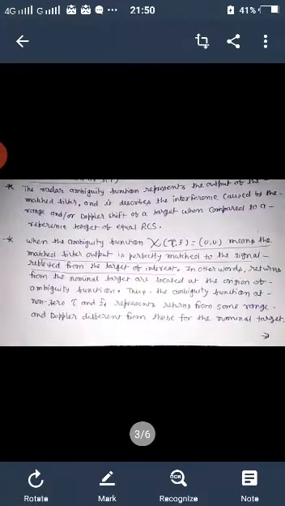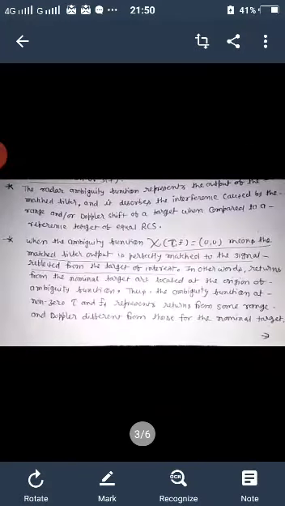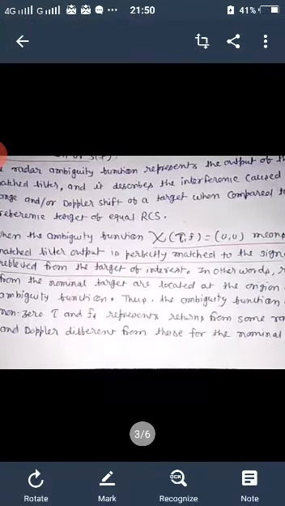When the ambiguity function chi(tau, f) is at 0, 0, it means the time delay is 0 and the Doppler frequency is 0, so the matched filter output is perfectly matched to the signal reflected from the target of interest.